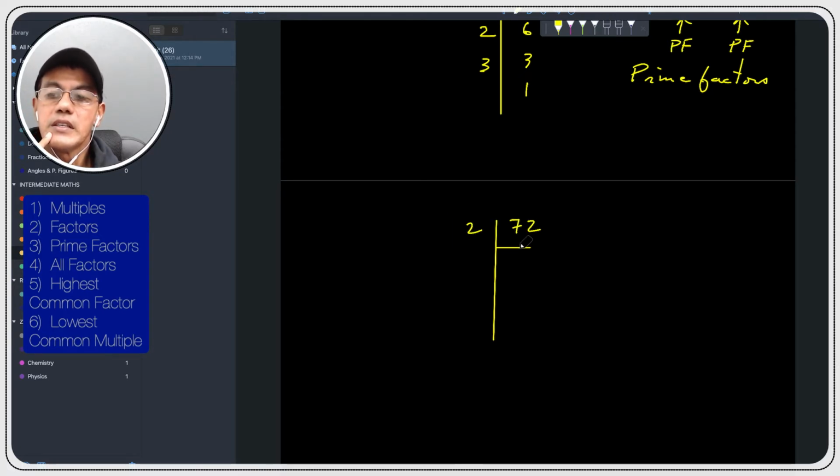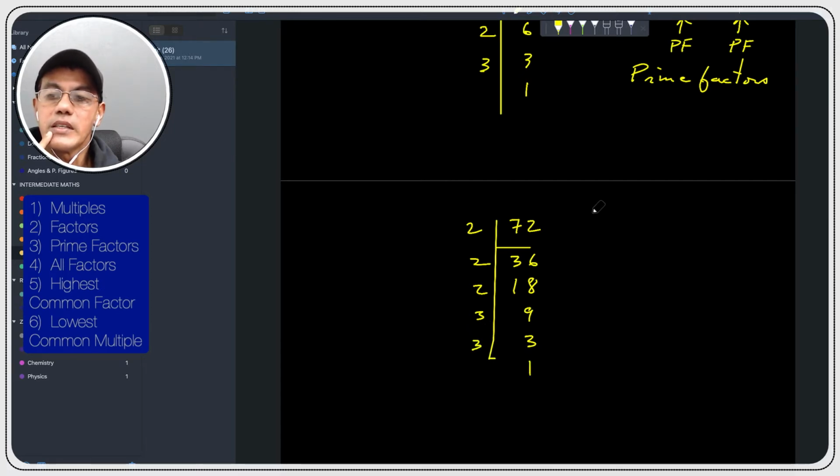That will be 36. 2 can go into 36. And that will be 18. 2 can go into 18. Will be 9. 3 can go into 9. Will be 3. And then 3 into 3 will be 1.